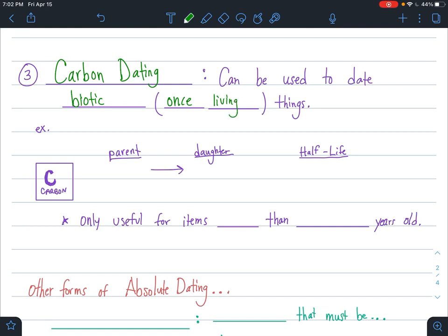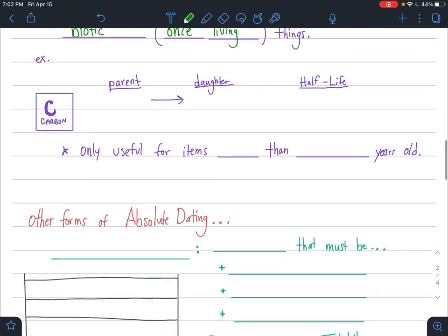When we find old fragments of bones, those were once living, so we can use carbon dating. If we find some hair in a tomb, we can use carbon dating to figure out when that person was buried, how long they've been buried.